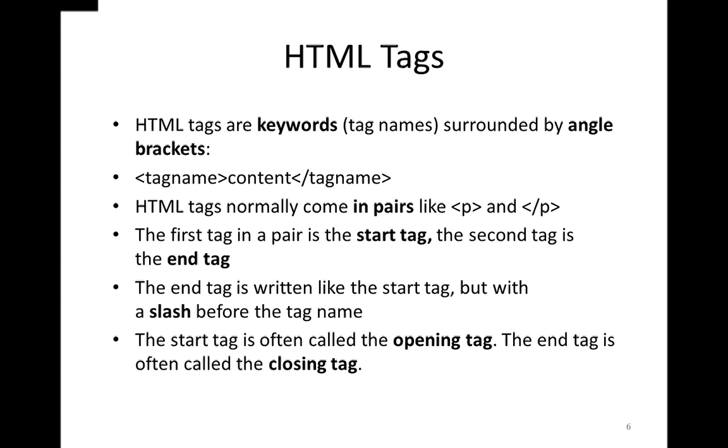And the tag, if you observe, is a keyword surrounded with angle brackets. So these markup tags are designed with the help of a keyword surrounded by angle brackets. The starting tag we also call the open tag and the ending tag we also call the closing tag.